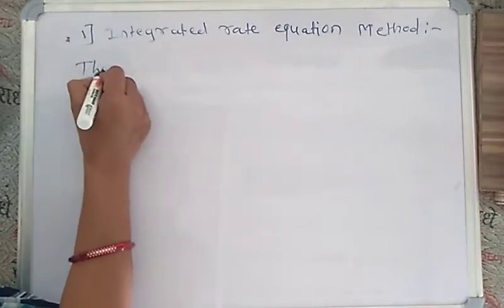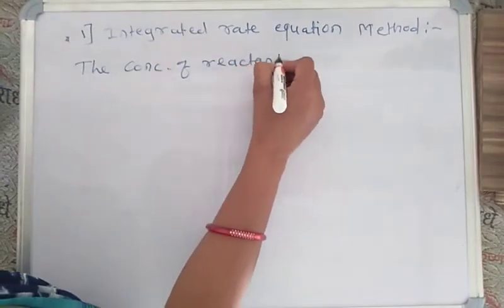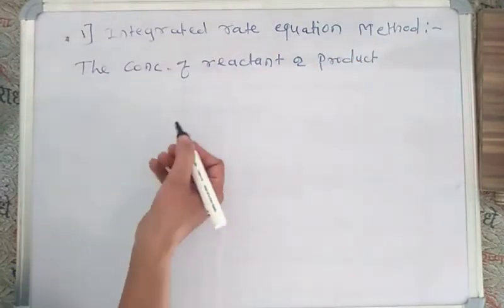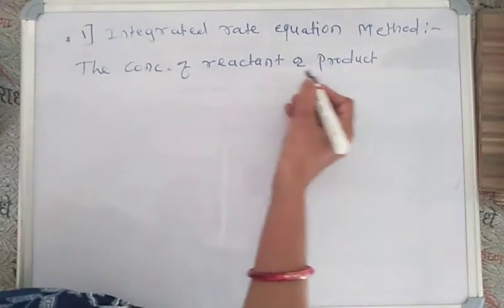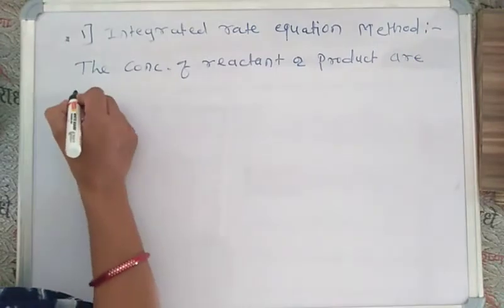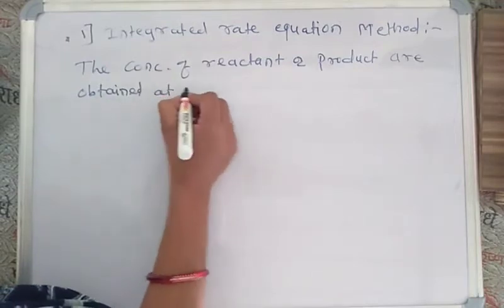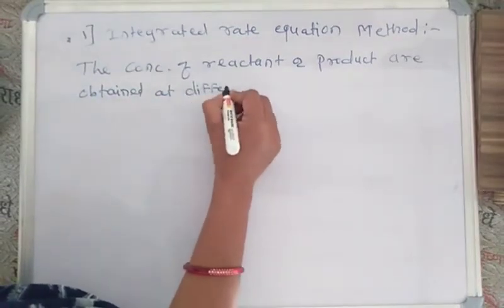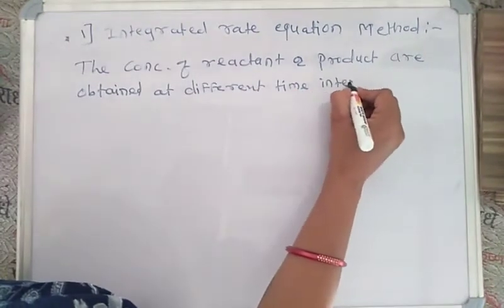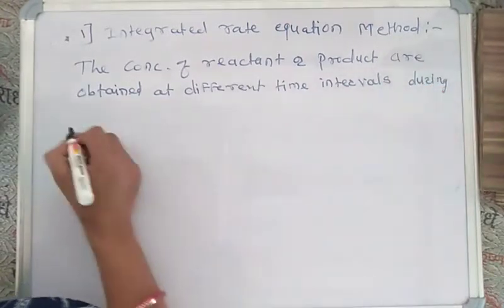That is, for any chemical reaction, we obtain the concentration of a reactant or a product at different time intervals during the course of the reaction.